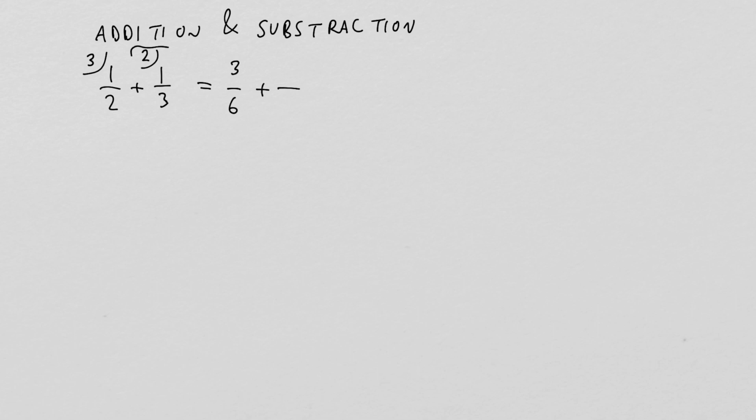On the other hand, here 1 times 2 is 2 and 2 times 3 is 6. Now the denominator is the same, so we can combine the numbers and finish the calculation.